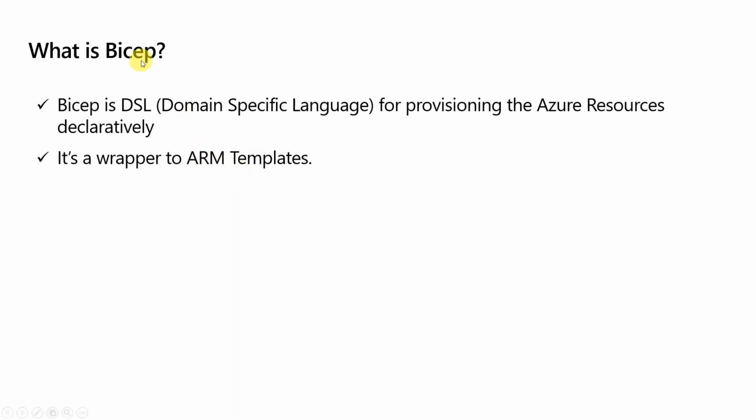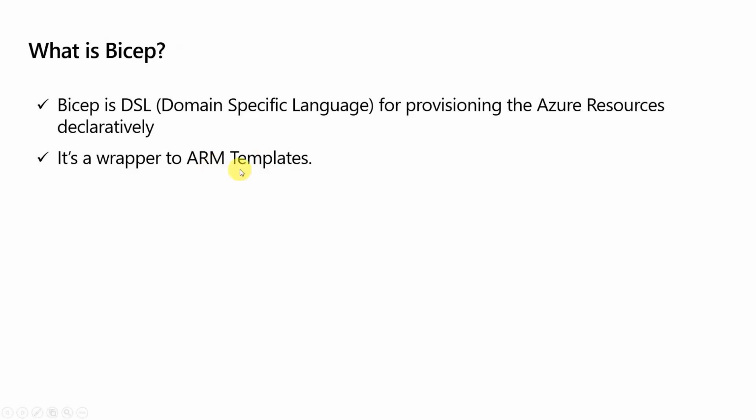Now whenever we write Bicep code and submit to Azure, basically Azure doesn't understand Bicep, it only understands JSON, which is ARM template. So Bicep code is written by people like us, and when we run the code, it will be converted into ARM templates, and ARM templates is sent to Azure. Azure understands that, and it will work based on the instructions that we have submitted in the form of ARM templates.